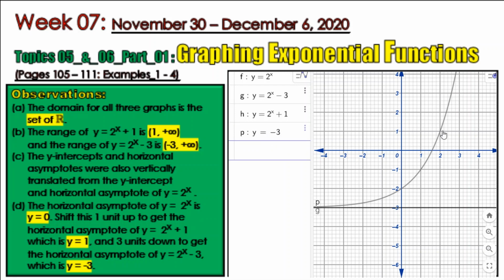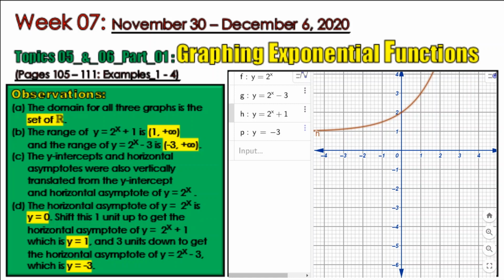Okay, so it approaches but will never intersect the line y is equal to negative 3, such that the value of y must be greater than negative 3. So there is no value of y less than or equal to negative 3. Okay, that is the range of this function.